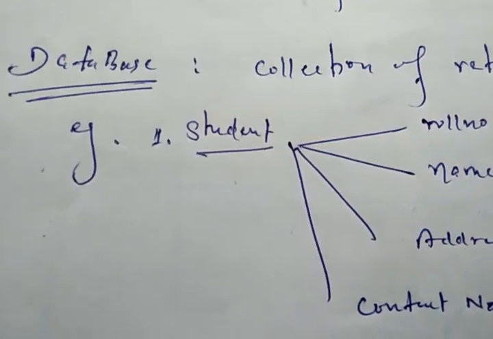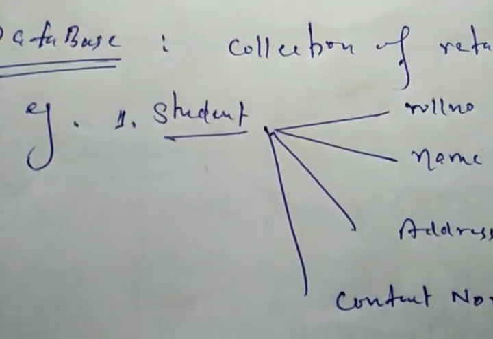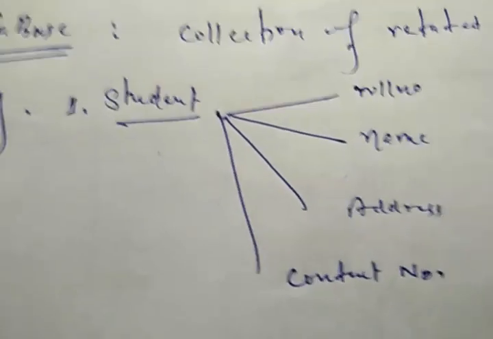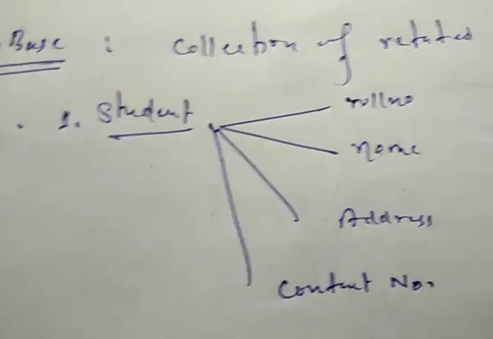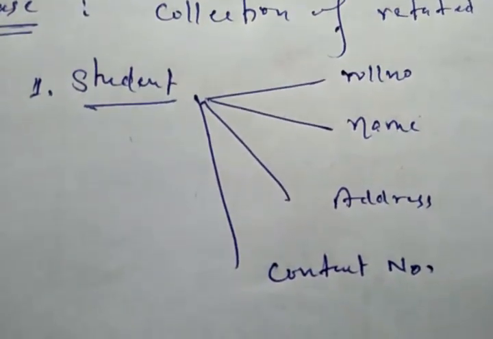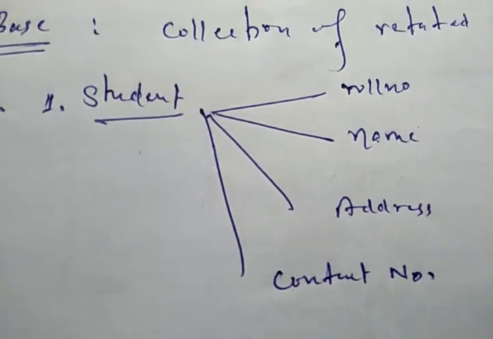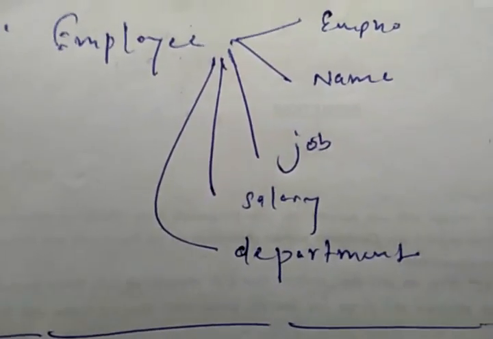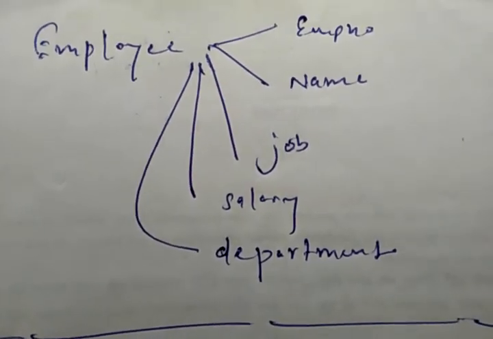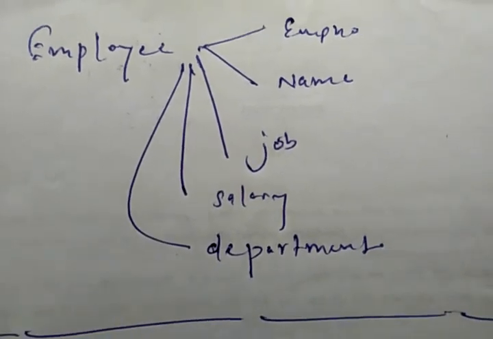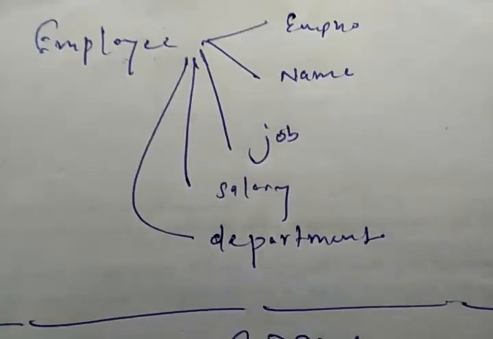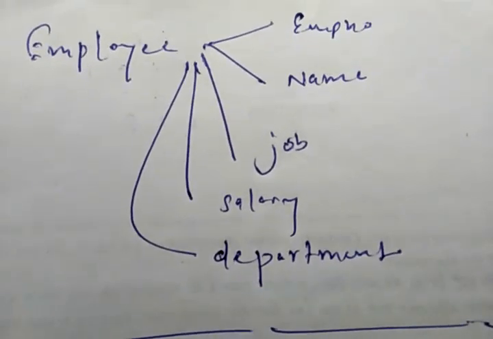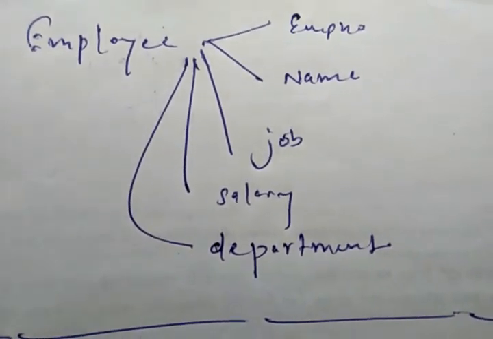So in this, student is a relation or a table and the roll number, name, address and contact number are the attributes of the student table. In this example, employee is called a table or a relation, whereas the employee number, name, job, salary and department number are the fields, and these are also called attributes.